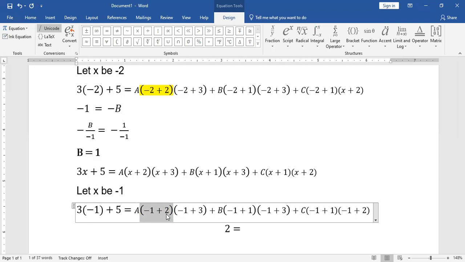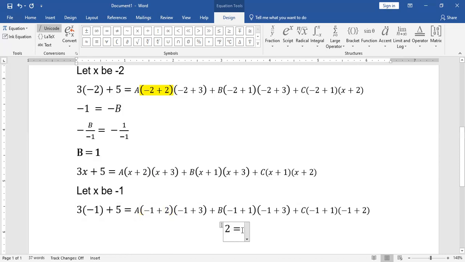Multiplied by -1 plus 3, which will be 2. And this gives me 2. So I have 2A here. All right.